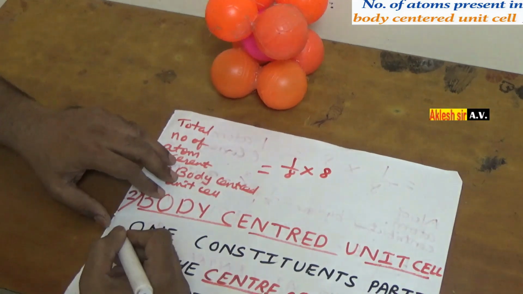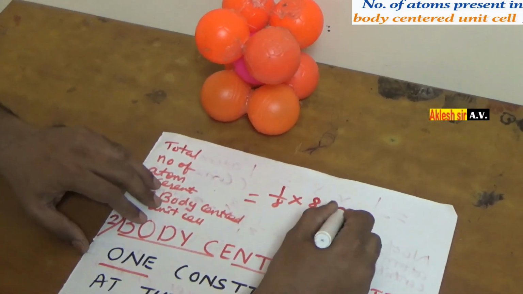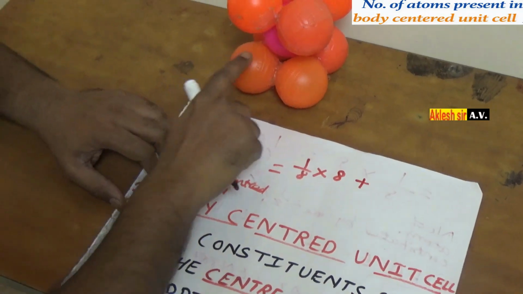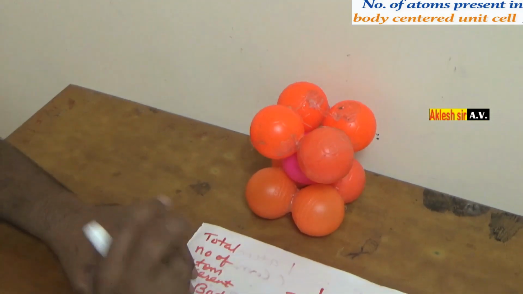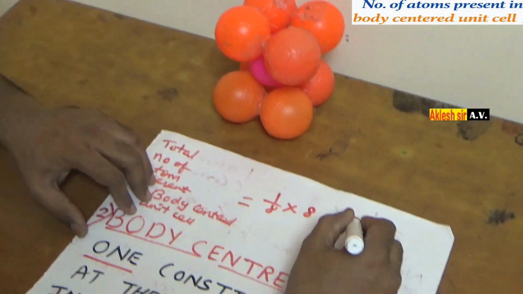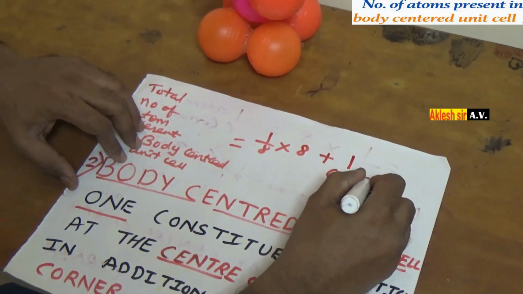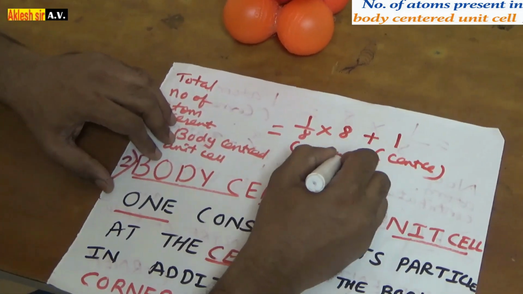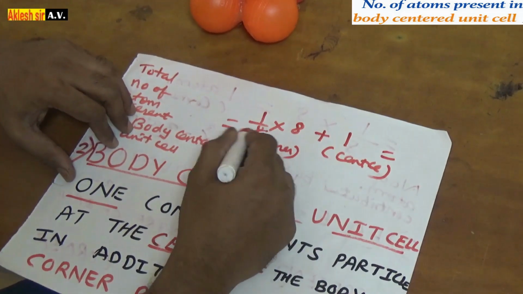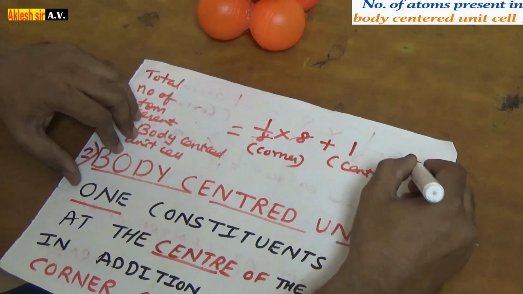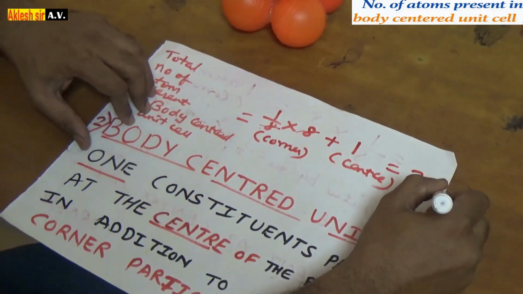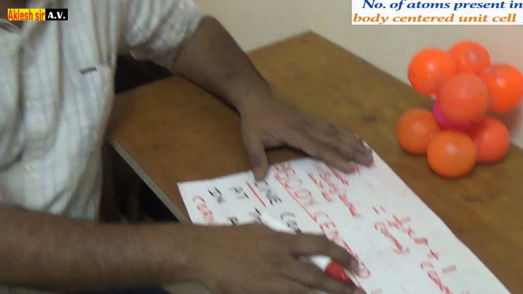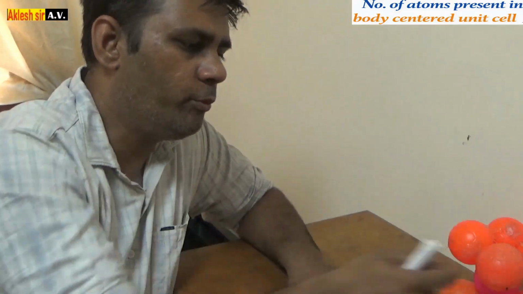So 1/8 into 8, plus there is one atom at the center. As a whole, one atom is there at the center. So 1/8 into 8 atoms contributed by the corners is 1, and 1 plus 1 is equal to 2 atoms. So in a body-centered unit cell, the corners contribute 1 and the center contributes 1, total equal to 2 atoms.